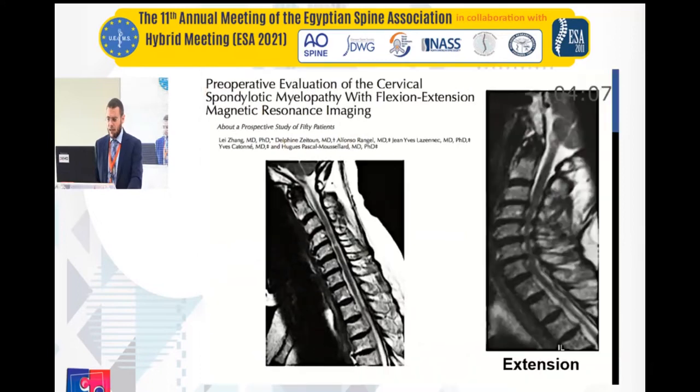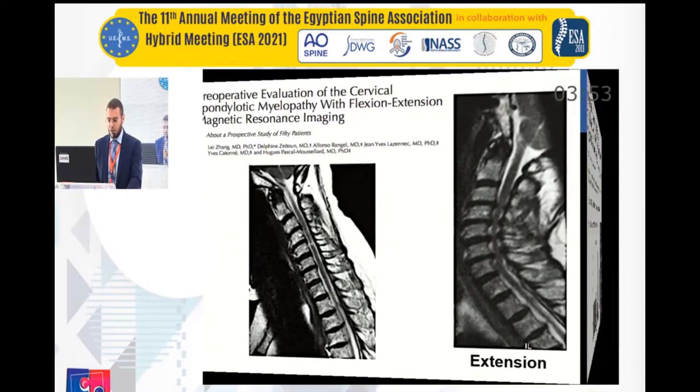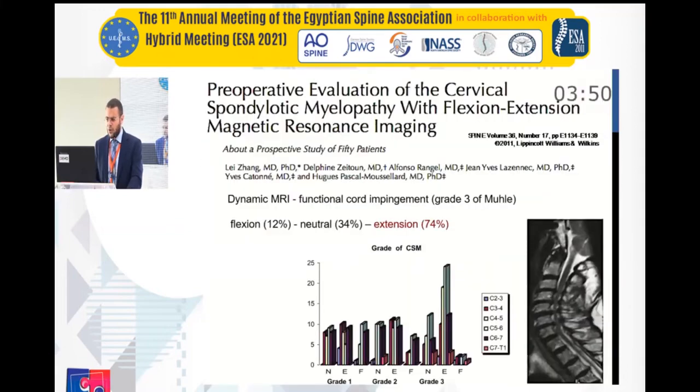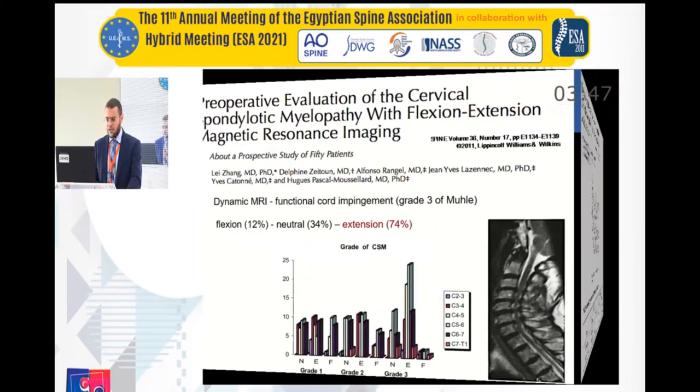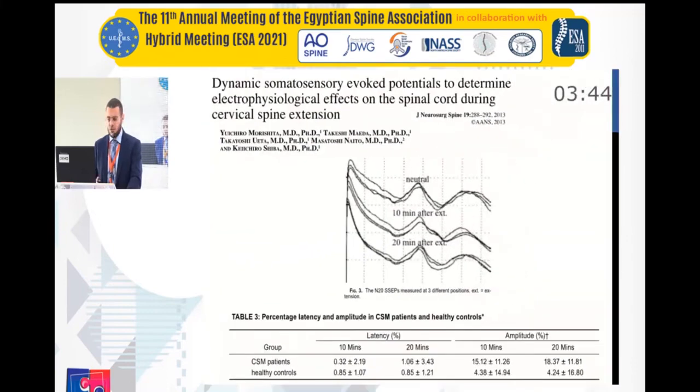Again, you can see this is in the neutral position. There is no significant cord compression, but there are a lot of signal voids inside the cord. When the patient extends the neck, you can see huge and significant cord compression at multiple levels. So again, there is a functional compromise to the cord with extension, and they proved this by doing somatosensory evoked potentials while the patient extended his neck.